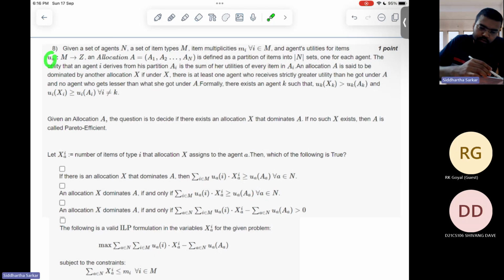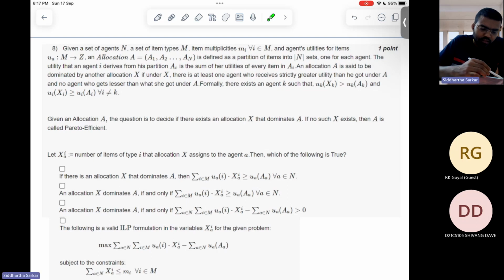So U_A is a utility function from the set of items to the set of integers. What is A? A is an agent.